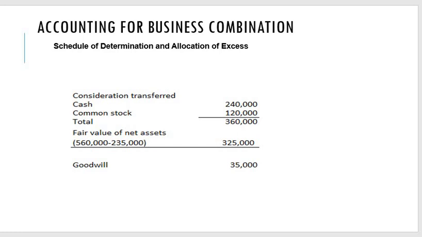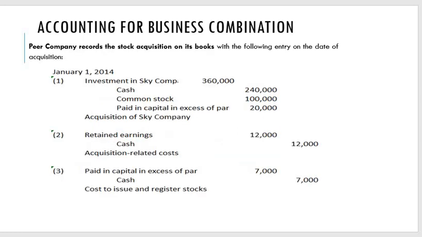Okay, so to record the acquisition, our consideration transferred is cash amounting to 240,000 and common stock, that's 10,000 shares at 12 fair value, with a par value of 10.